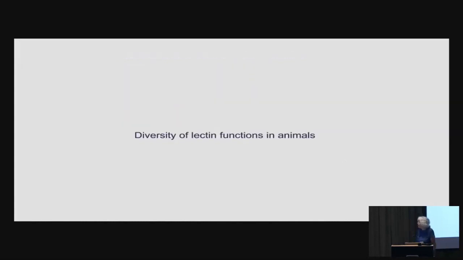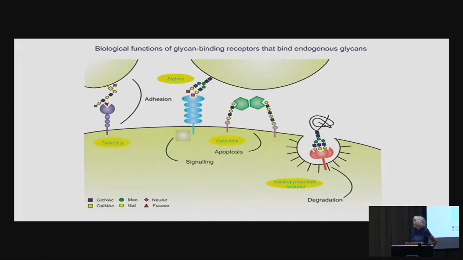And the lectins in animals have a variety of different functions. So extracellular lectins can recognize endogenous glycans, so those glycans that are on your own cells, or surface and secreted proteins, and they undertake functions such as cell-cell adhesion.